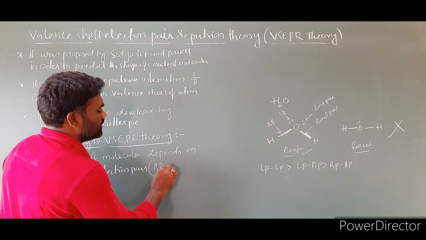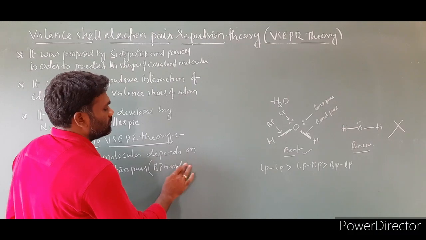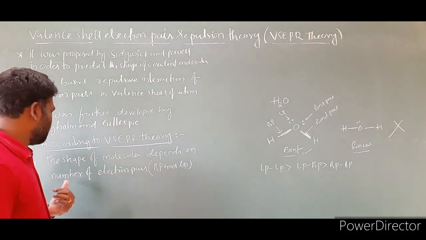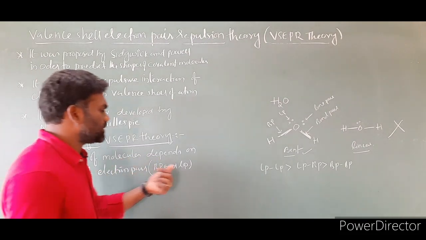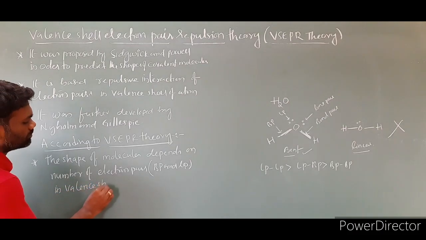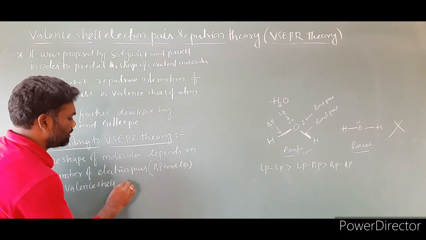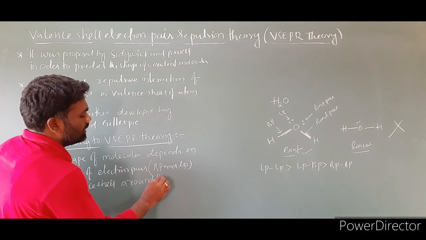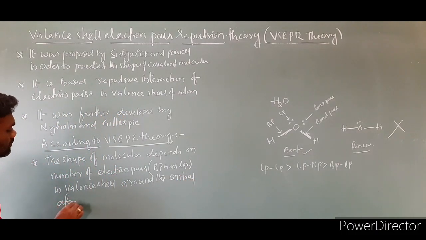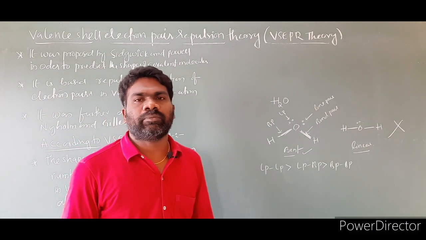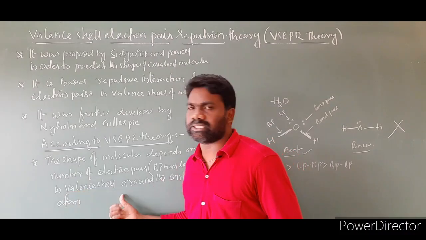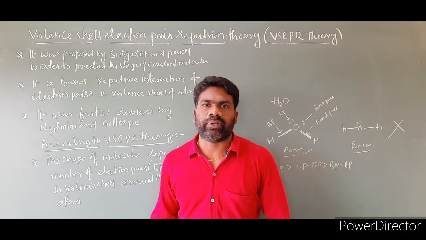I am writing BP for bond pair and LP for lone pair. So the shape of the molecule depends upon the number of electron pairs, bond pairs and lone pairs, in the valence shell around the central atom. This is point number 1.